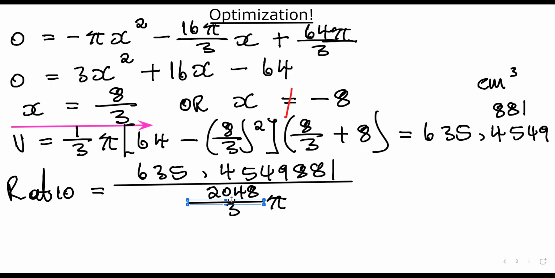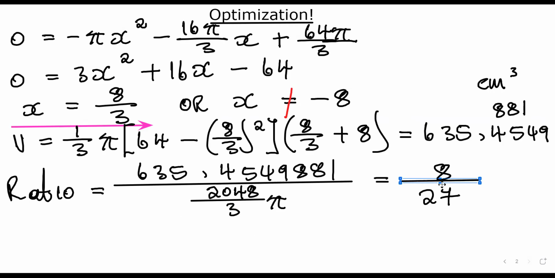Well, that's fine. Hopefully we get a solid number. Then when you now go to your calculator and say this thing divided by 2048 pi over 3, you are simply going to get 8 over 27.